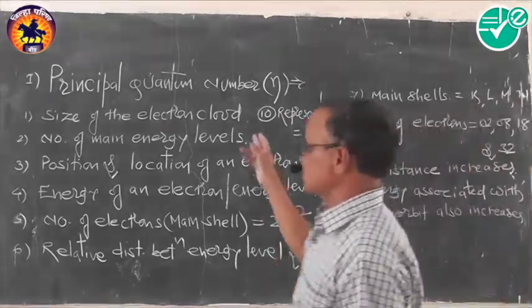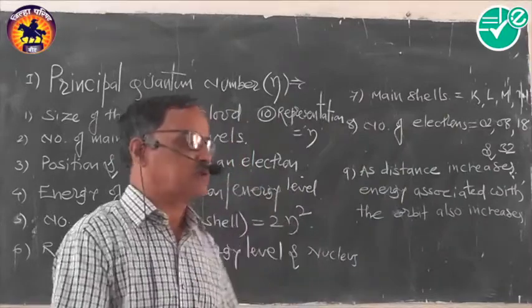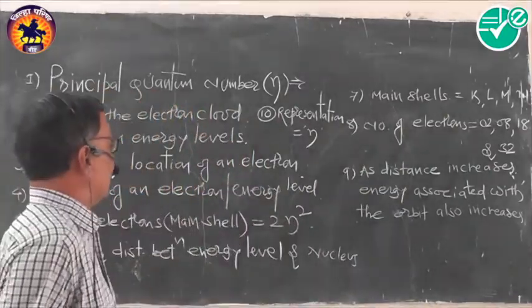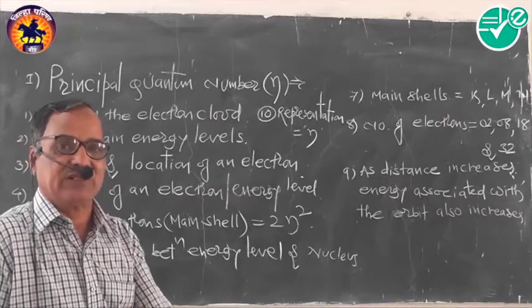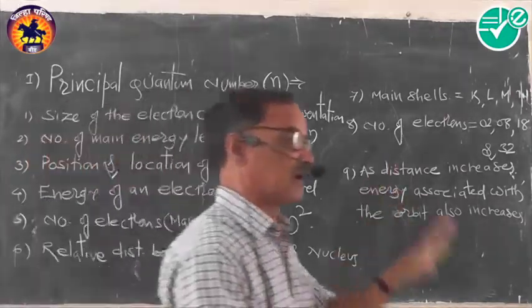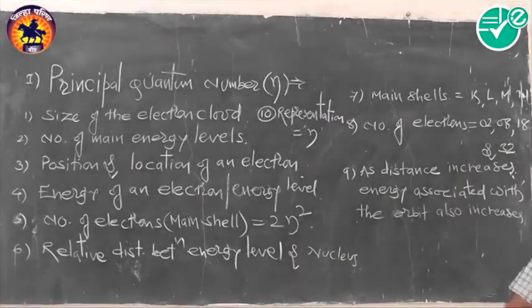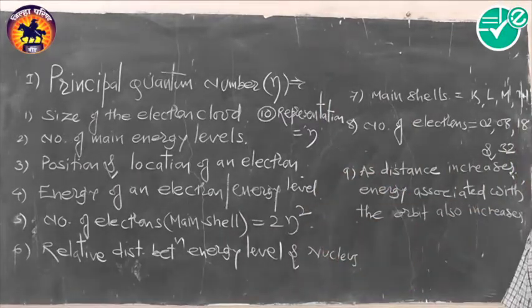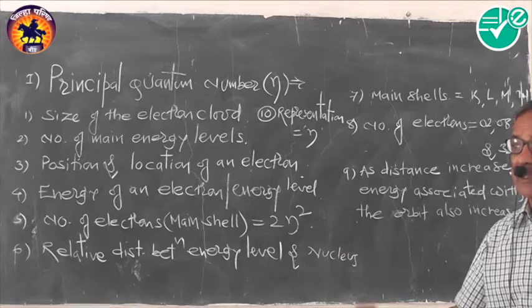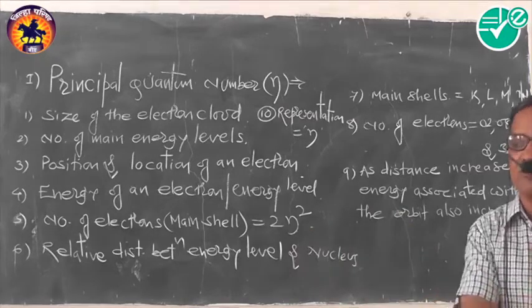As the principal quantum number gives the size of the electron cloud, it should explain the number of electrons around the nucleus. The number of electrons can be calculated by considering the atomic number of any element in the periodic table.